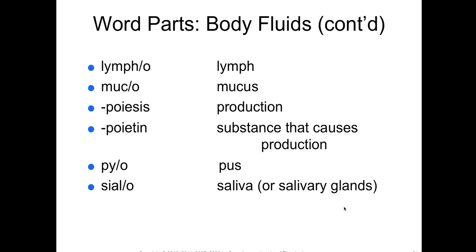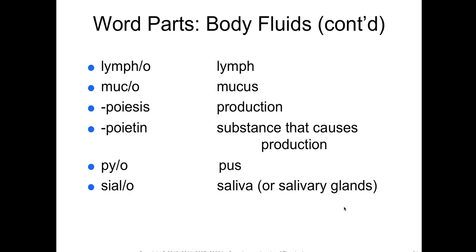If I had erythropoiesis, erythro meant red. So that would be the production of red blood cells. Next term or suffix is poietin. Poietin is a substance that causes production. So for example, we have this hormone called erythropoietin.